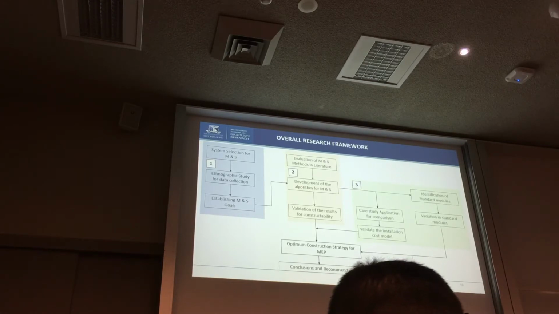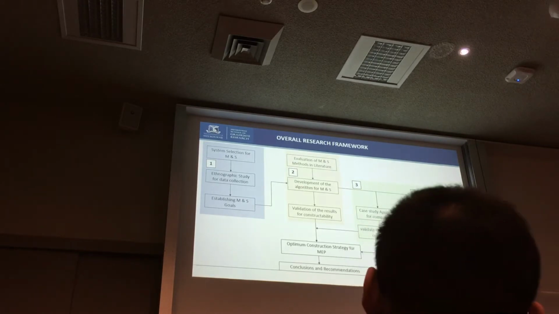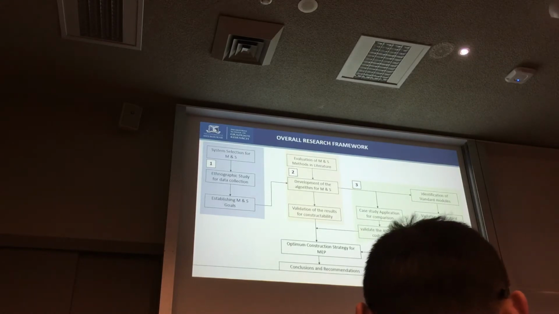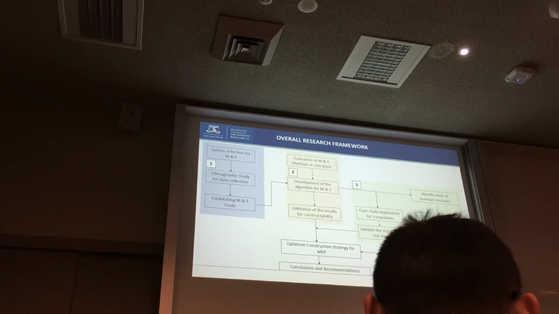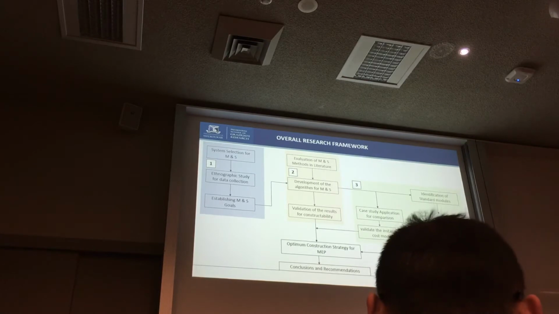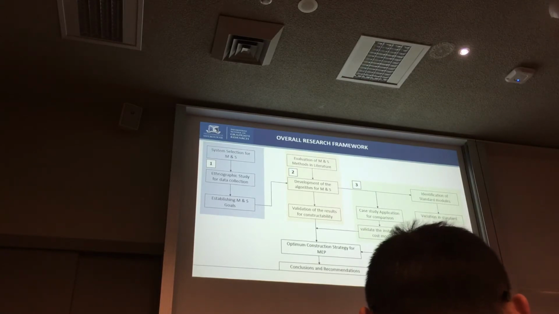So in stage two, different methods used in other industries, since there weren't any available in construction, were evaluated, and then used to develop an algorithm for modularization and standardization. The results generated using the algorithm are then validated for constructability, so that whatever solutions are generated by this method are practically constructible on sites.